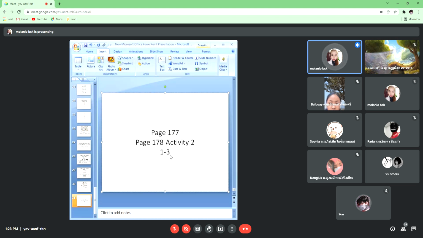After that, we're going to have how to measure the radius of a circle using your ruler.